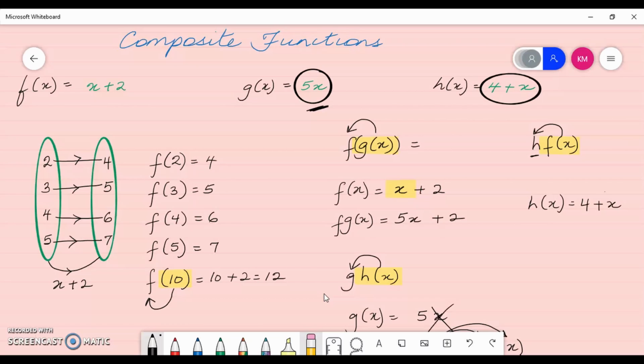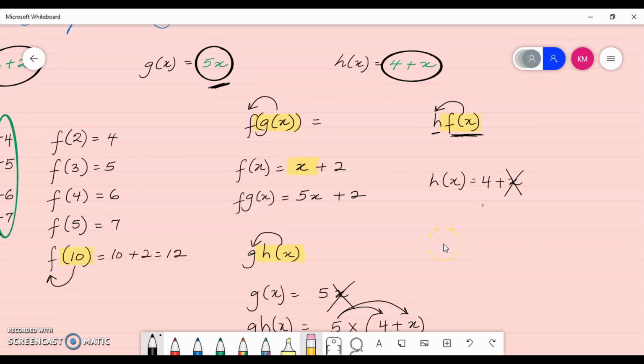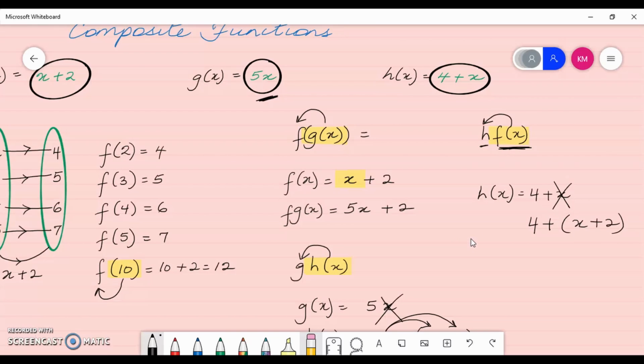Now we are replacing this x with the function f of x. Here is our function f of x, it's x plus 2. So we write 4 plus x plus 2. Remember, our function f is x plus 2, so we have taken out x and replaced it with x plus 2.